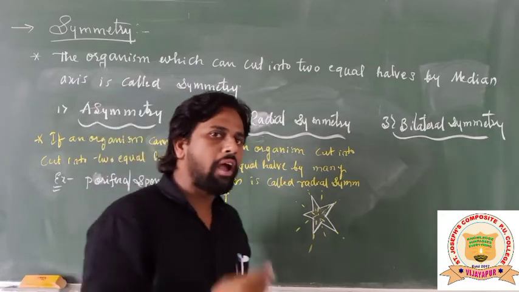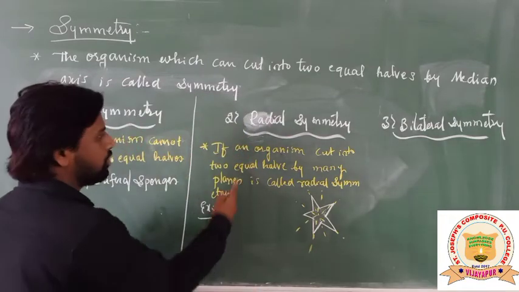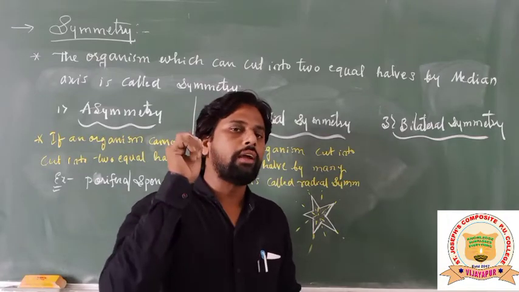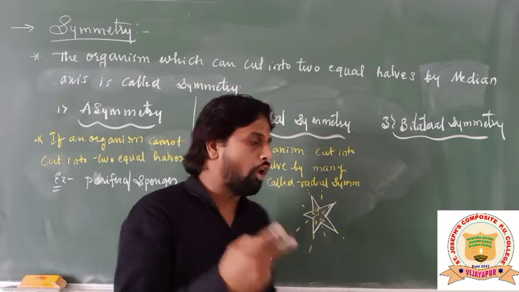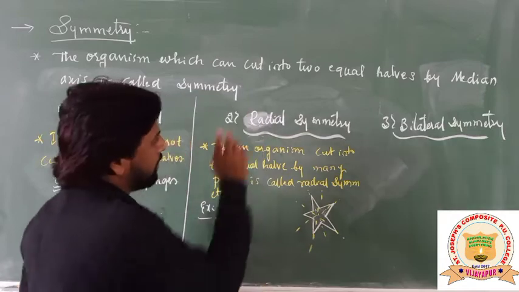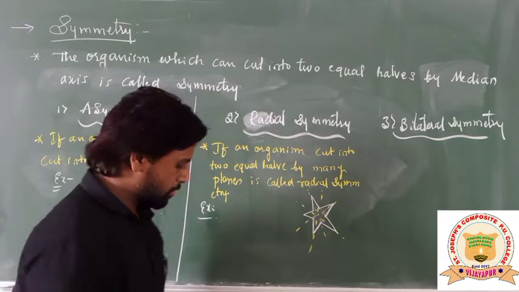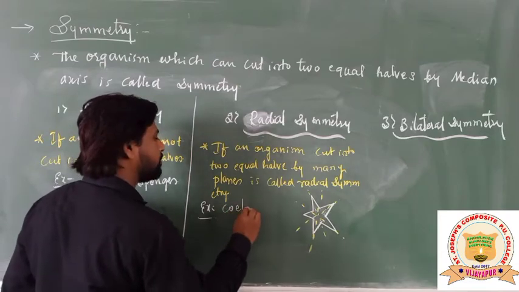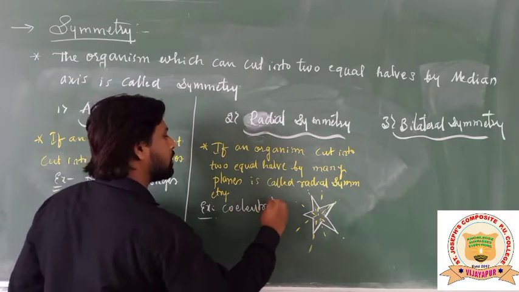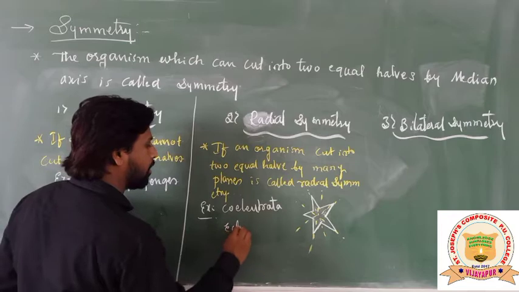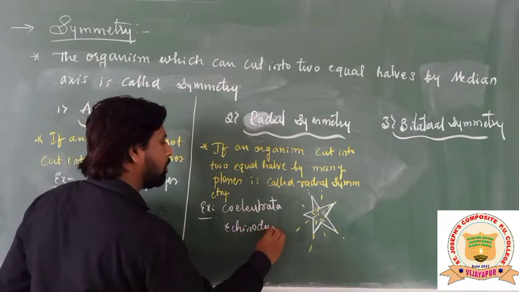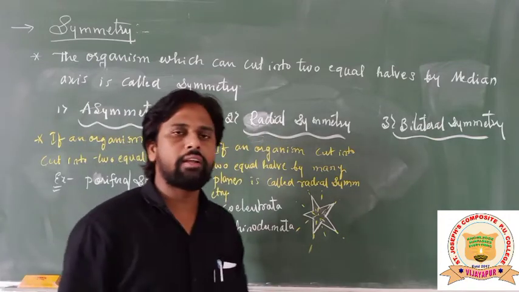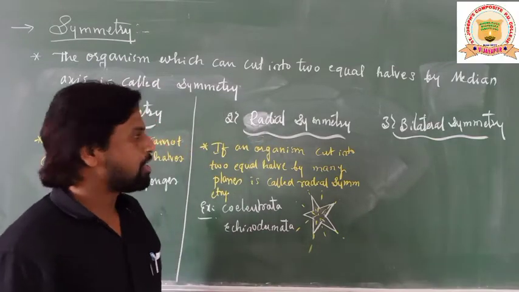Means you can cut it in four ways, four planes. So this is called radial symmetry. If you cut this individual into two equal halves through many planes, then it is considered radial symmetry. So the best examples are Coelenterata, and even Echinodermata. These are some examples of radial symmetry, students.